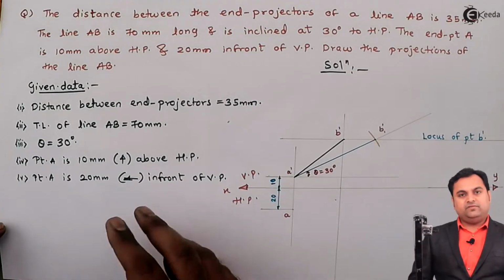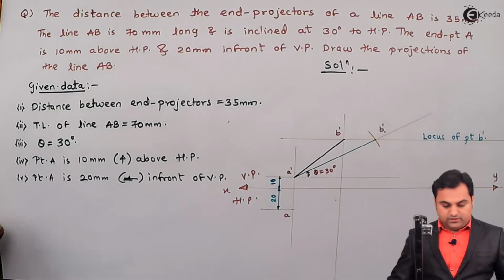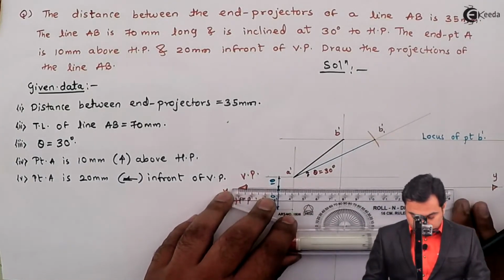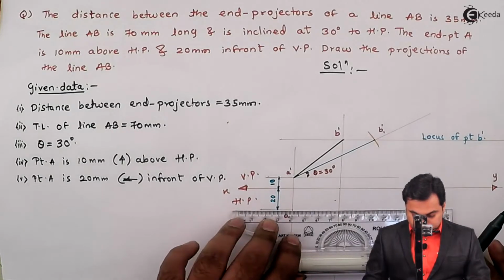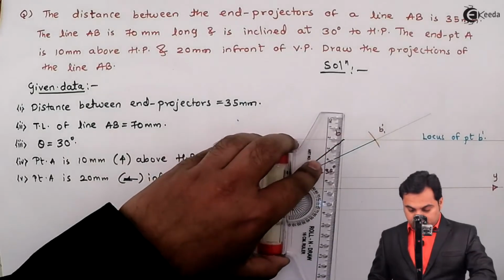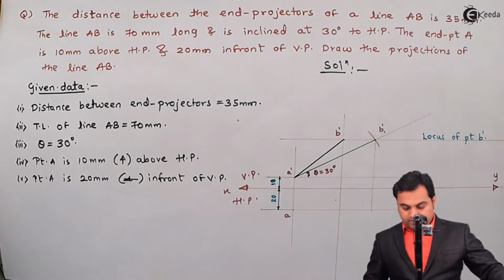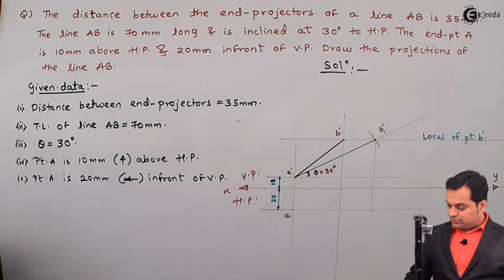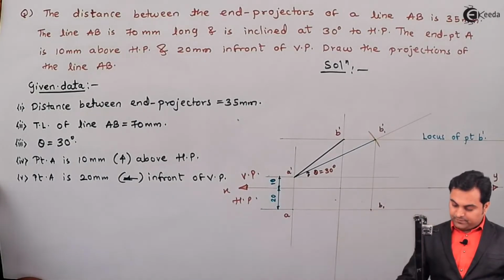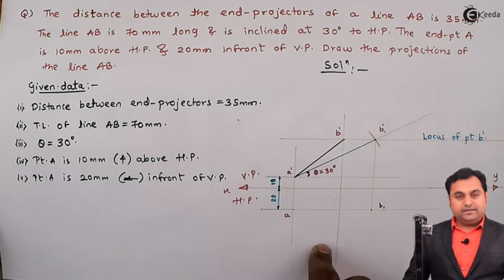Then similarly I'll have to get the true length and the elevation length in the top view as well. So for that, projecting a light line, bringing B1 dash over this horizontal line, that will give me the point B1. Next, I need to get the length of the line in the top view.